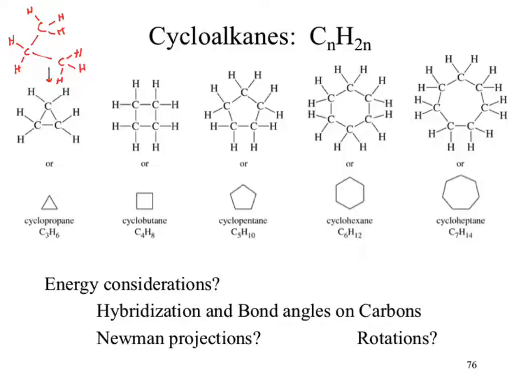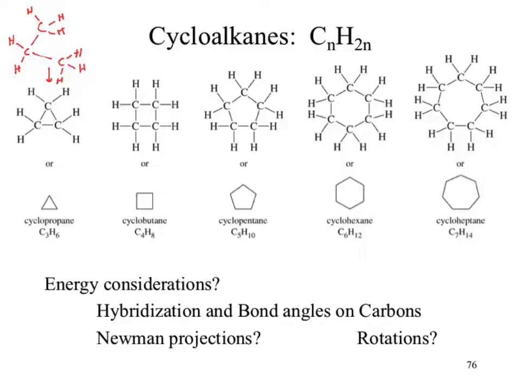I get distinctly different Newman projections, which means lower energy states, which means more stable, which means name it. And we end up having to name our configurations for the cyclohexanes because we've now introduced exceedingly more stable structures.